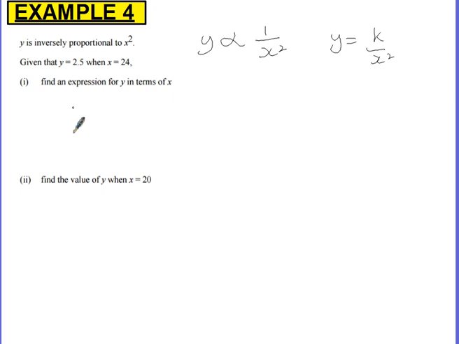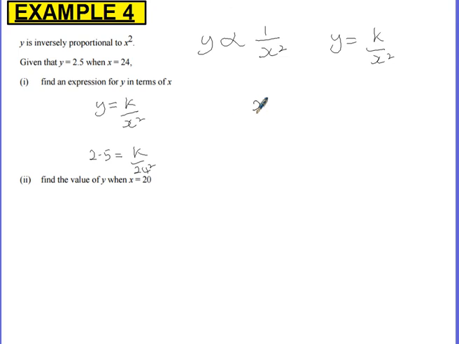In this particular example, they've broken the question down into 2 parts, so you would have to find this first anyway. So we know that y equals k over x squared, so 2.5 is equal to k over 24 squared.